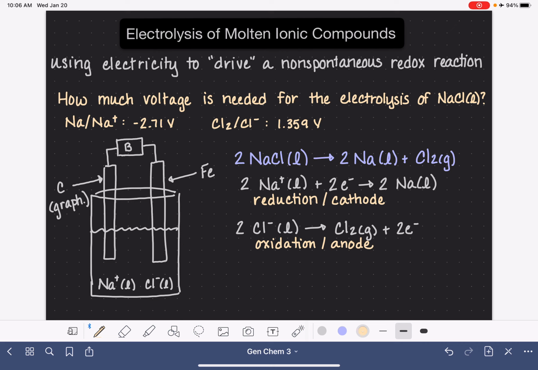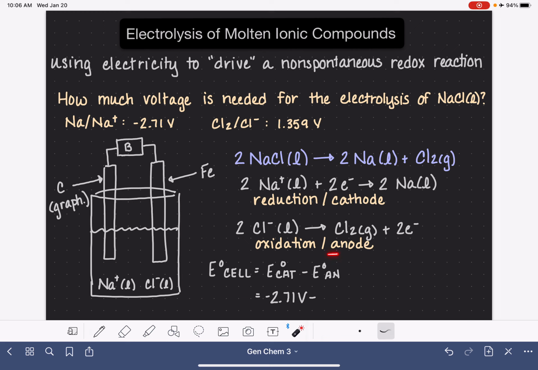Well, remember, our goal here is to calculate how much voltage is required for this reaction. To calculate the voltage of an electrolytic cell, we use the same equation that we use for a galvanic cell. E cell is the cathode minus the anode. So we need to know which is which so that we can plug them into this equation correctly. The cathode is the sodium reaction, and that voltage is negative 2.71.